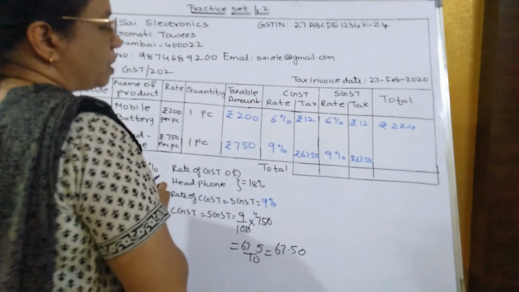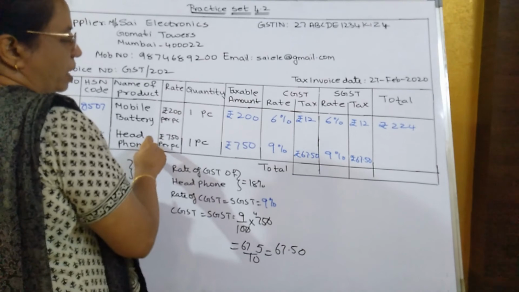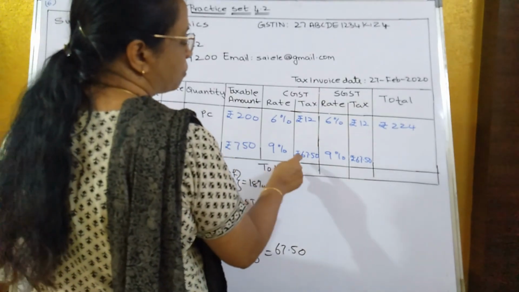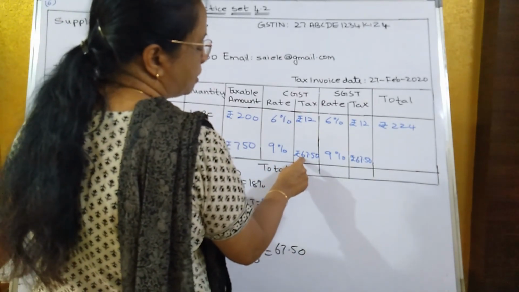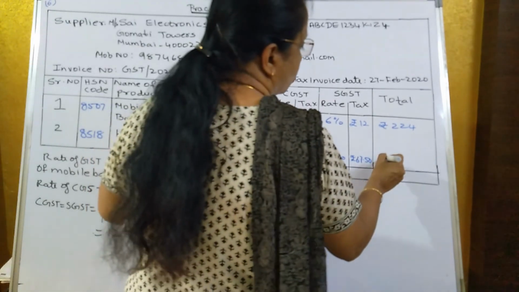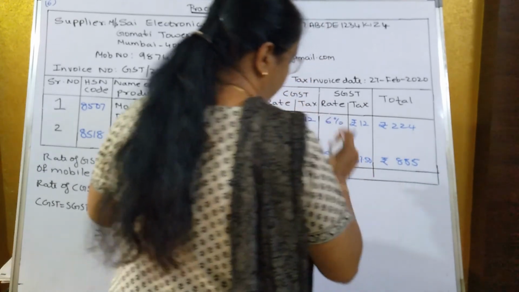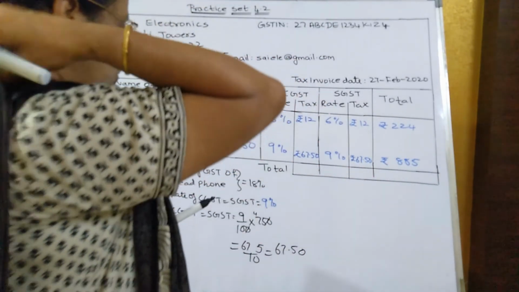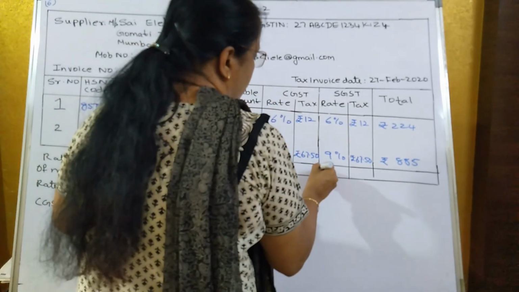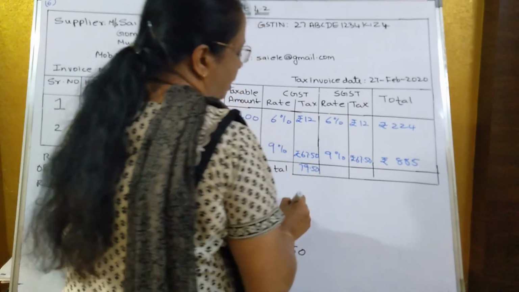Same way over here, for the headphone, the consumer has to pay how much? 750 plus 67 rupees 50 paise plus 67 rupees 50 paise. Together it will become how much? 885. Now the total you have to find out. So 79 rupees 50 paise.